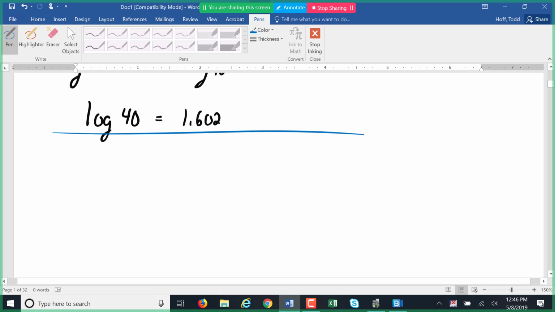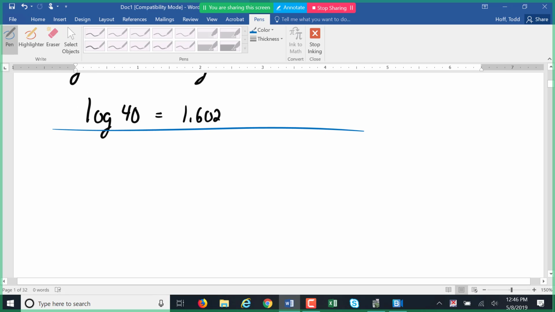Okay. So now there are some certain numbers. Before you punch them in the calculator, I want you to try to figure out what this should be. What do you think the log of 10 would be? Yeah, it's 10 to what power equals 10? Well, that would be 1.